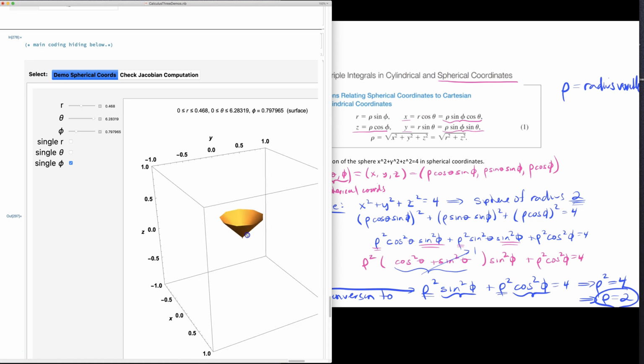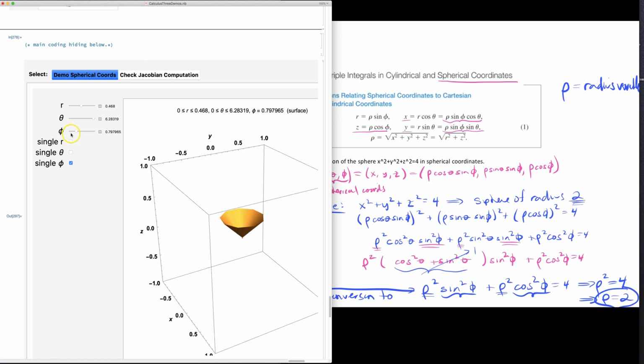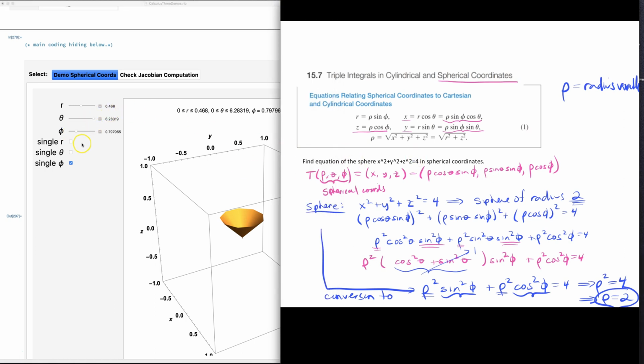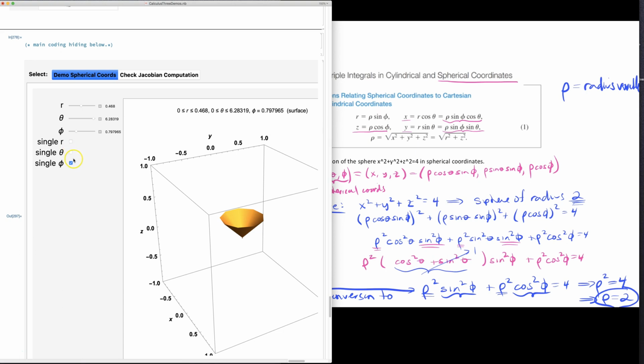Let's see. So we can describe regions that aren't spherical in nature with spherical coordinates, like cones, for example. Okay, so there's an introduction to the spherical coordinates. We have one radius variable measured in meters, and we have two angles measured in radians.